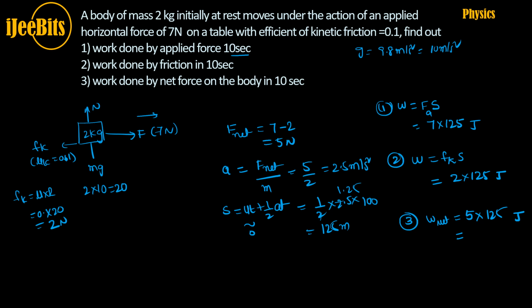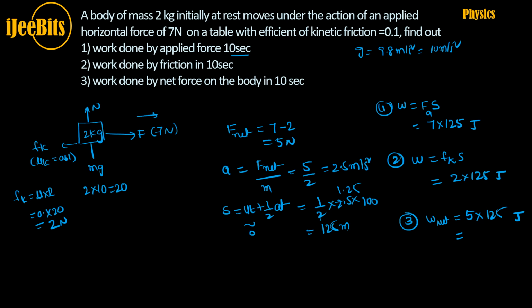What is given is that a 2 kg mass is given, initial velocity u is given, and applied force 7 N is given. The coefficient of kinetic friction 0.1 is given, with which you should be able to find the friction force, mu into N, mu mg. Then time t is given.